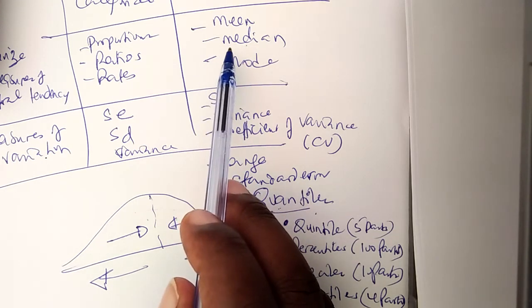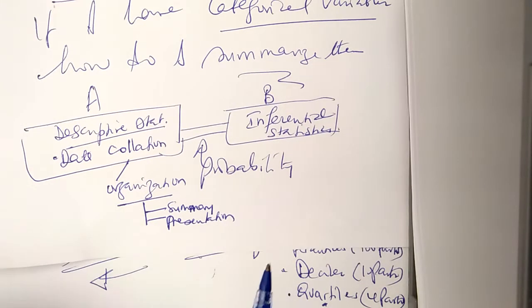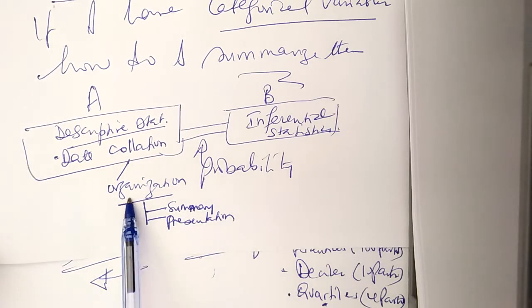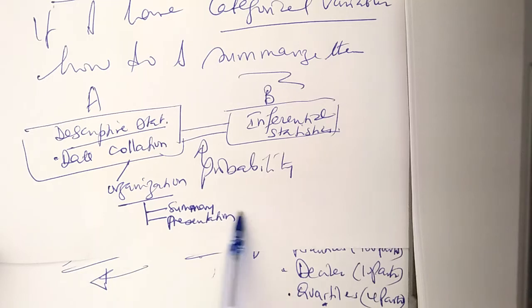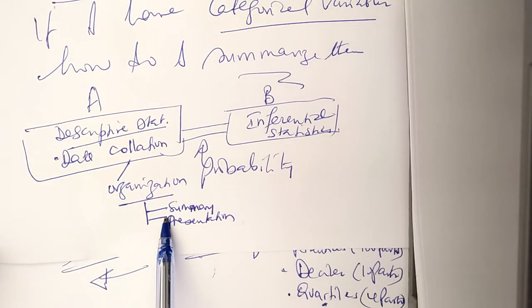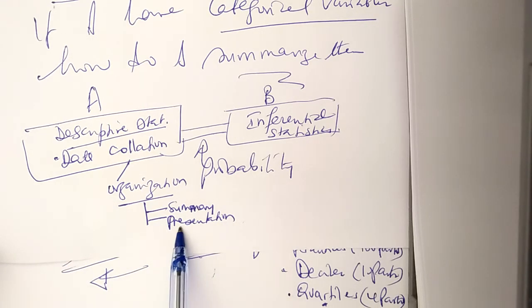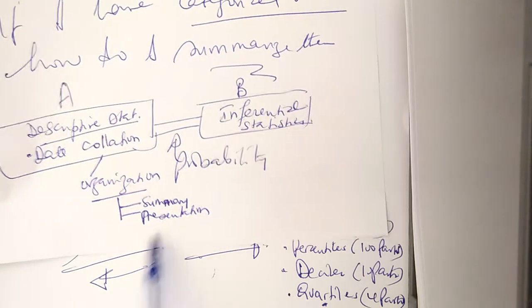But remember that we said that organization has summary and presentation. So when representing data, it also depends on the type of variable at hand. Okay, so how do we present data?